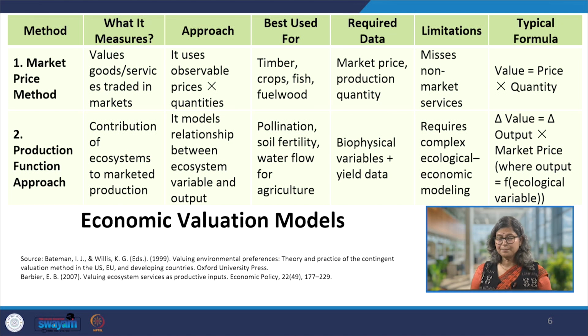It requires complex ecological-economic modeling. So the change in value depends on the change in output multiplied by the market price, where output is a function of ecological variables. That's the way it becomes slightly challenging, which has been mentioned under the limitation.